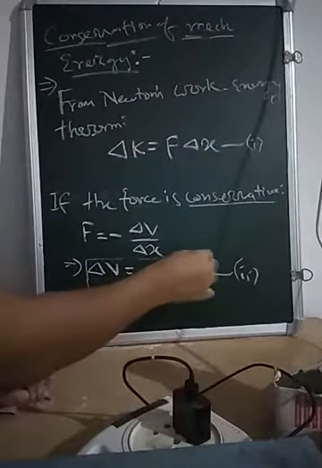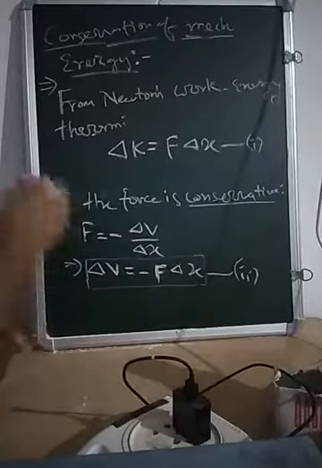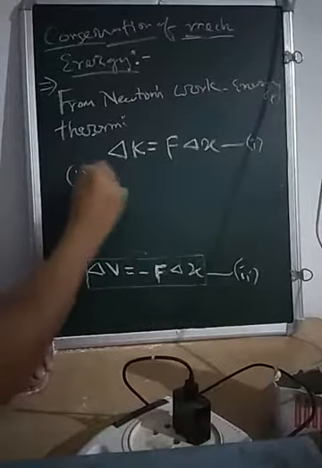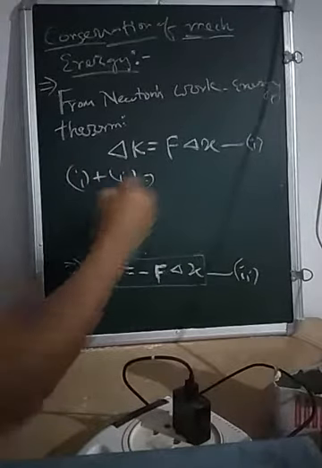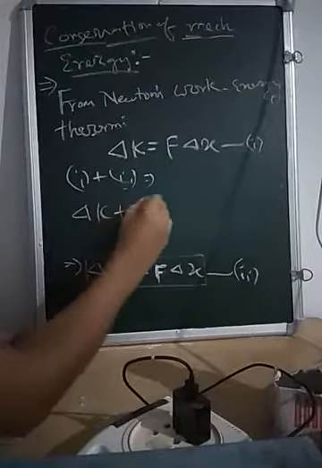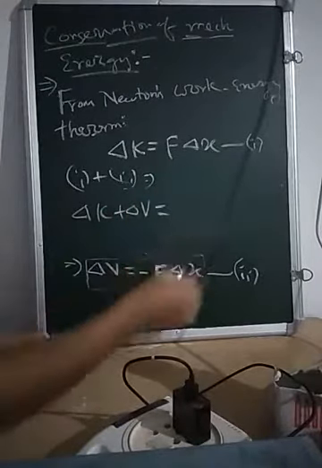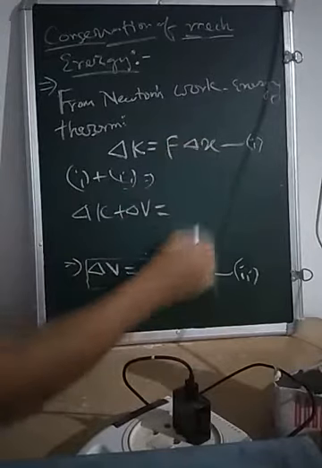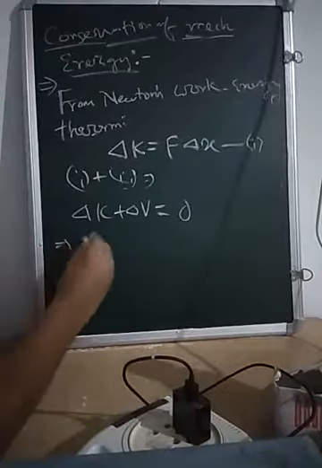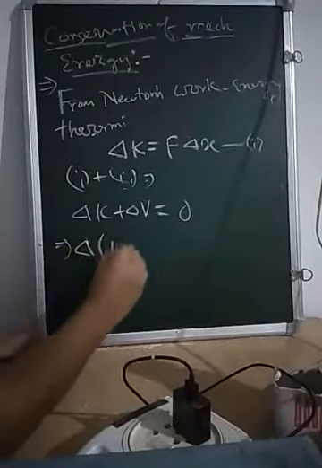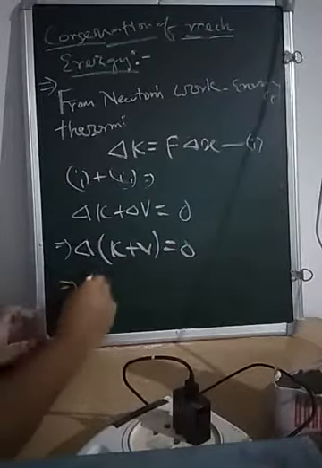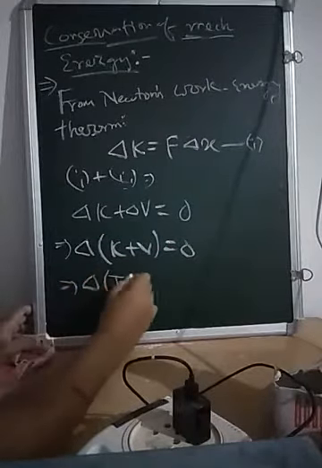Now what do we do? 1 plus 2. If we do 1 plus 2, what do we get? Delta K plus delta V is equal to how much? This will get cancelled: F del x minus F del x, so it is 0. Or we can write delta of K plus V is equal to 0, and K plus V means the total energy.